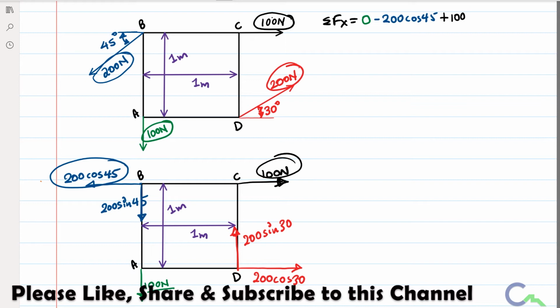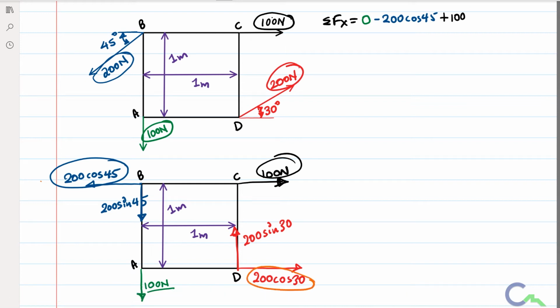The last force, that is 200, the component is acting in rightward direction, therefore that component is positive, that is 200 cos 30. If I do the calculation, I get sigma Fx is equal to 131.73 Newton.